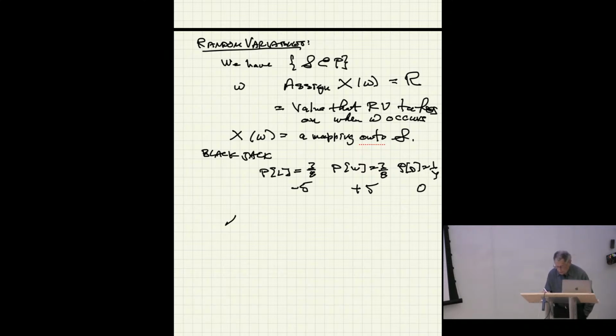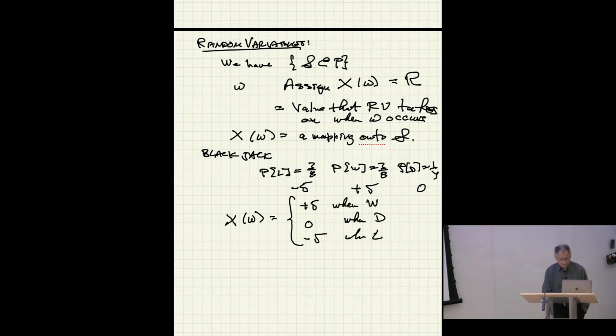When you lose, this random variable is how much you lose. In this case, say you lose minus $5, when you win plus $5, and when you draw, you win 0. Which means this random variable X of these 3 possibilities is equal to plus 5 when win occurs, 0 when draw occurs, and minus 5 when lose occurs.